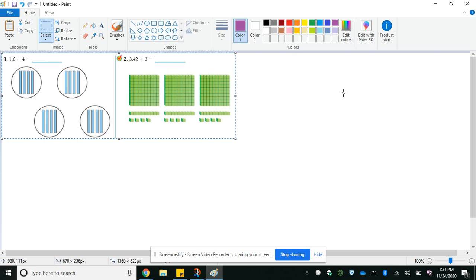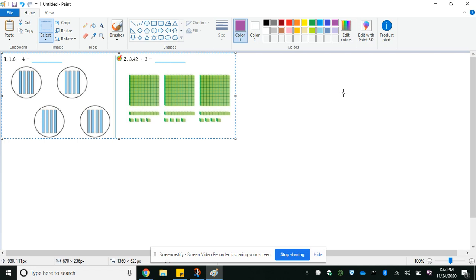If you look at these circles here, they are representing the 4 groups that you will be dividing the 1.6 into. Because you can't take 1 and somehow put it in 4 groups all by itself, what we can do is use our knowledge of our base 10 blocks and know that 1 whole is going to be equal to 10 of our sticks.